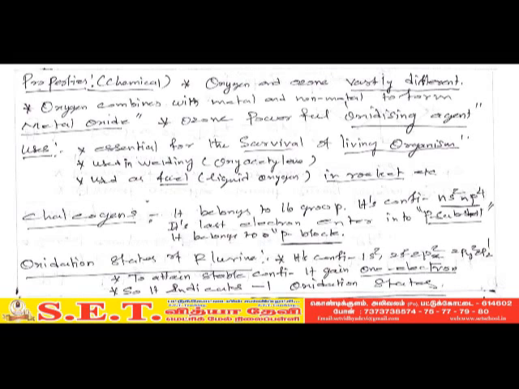To attain the stable configuration, fluorine gains one electron. So it indicates the -1 oxidation state. Very important point.